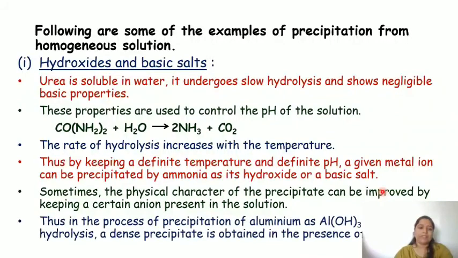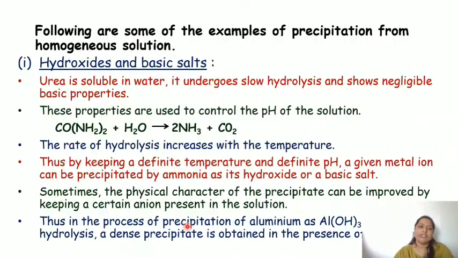For example, in the process of precipitation of aluminium as aluminium hydroxide by urea, a dense precipitate is obtained in the presence of succinate ion. Okay, it is an anion. If it is present in the solution, then due to its presence, a dense precipitate of aluminium as aluminium hydroxide is obtained.